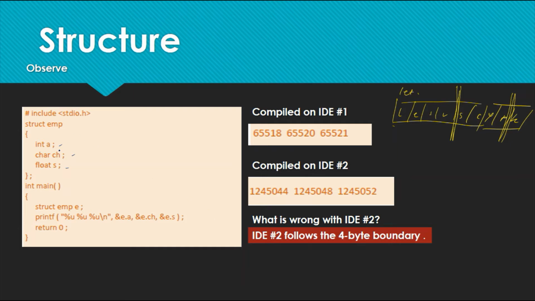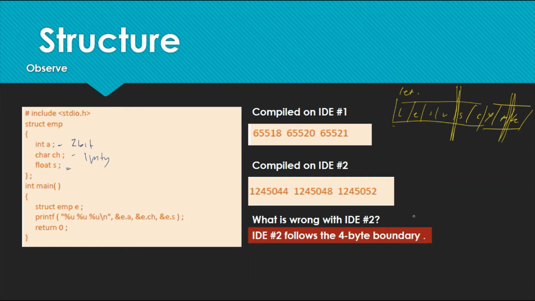Let me use the blue for clarity. Now, this int is, for example, 2 bits, and the char is 1 bit. This is just an example, and we don't know what IDE this is.